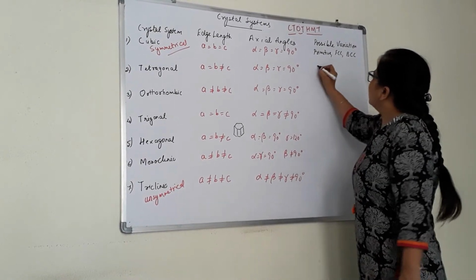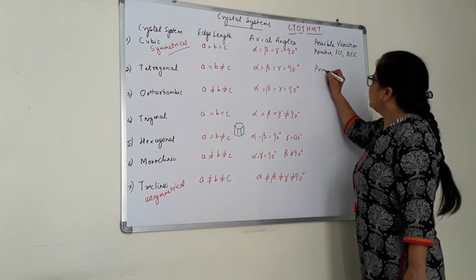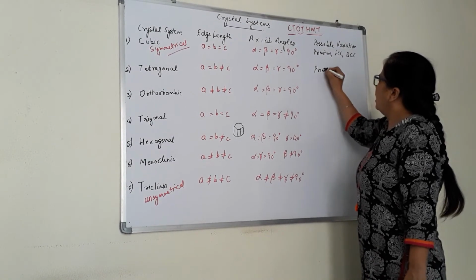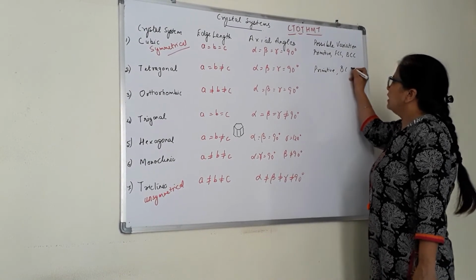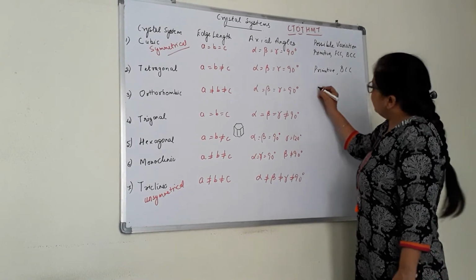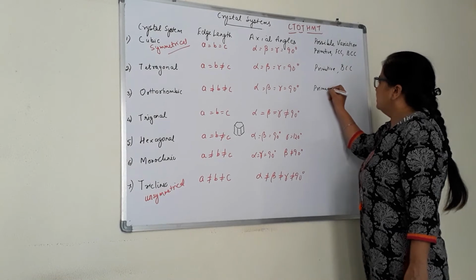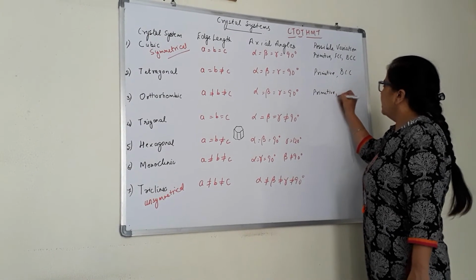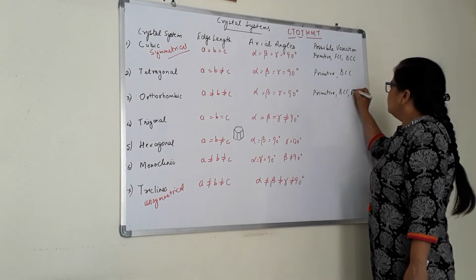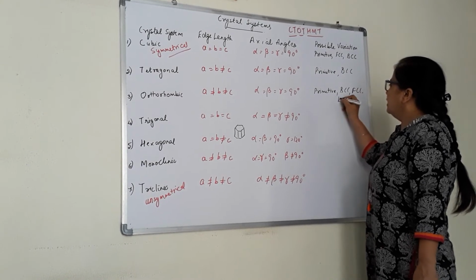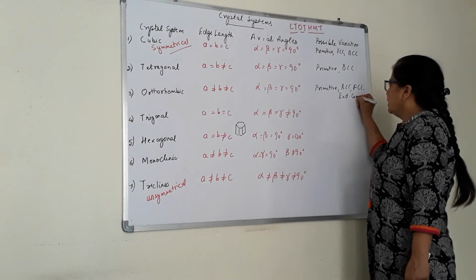Okay, next one. Next one has primitive and body centered cubic lattice. The next has all 4. It has primitive, body centered, face centered and end centered.